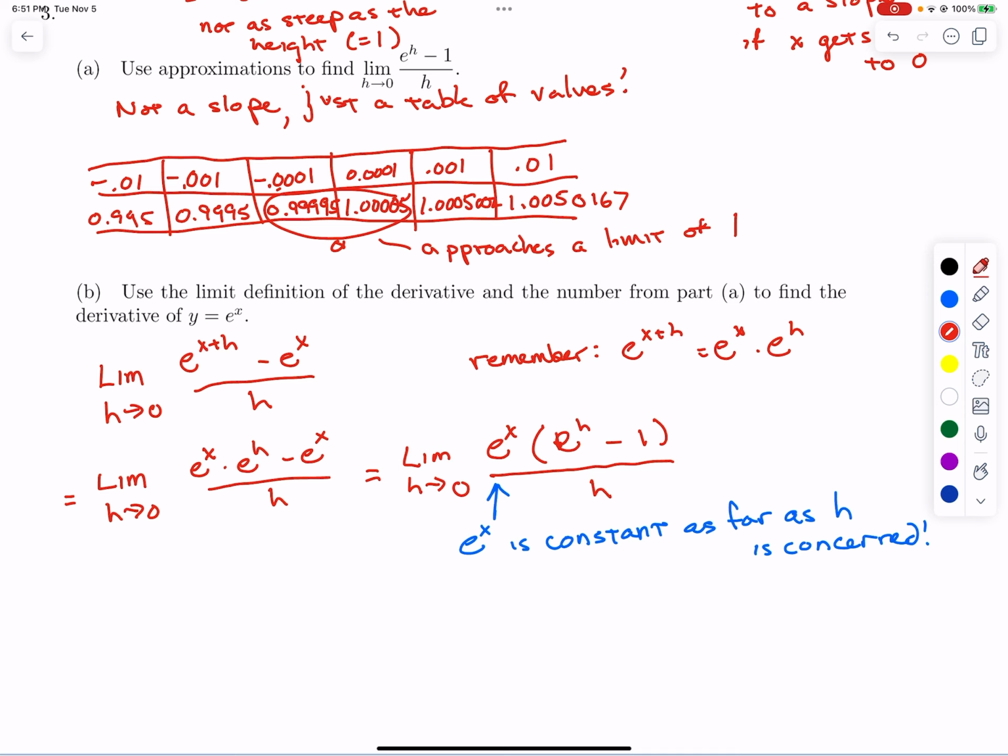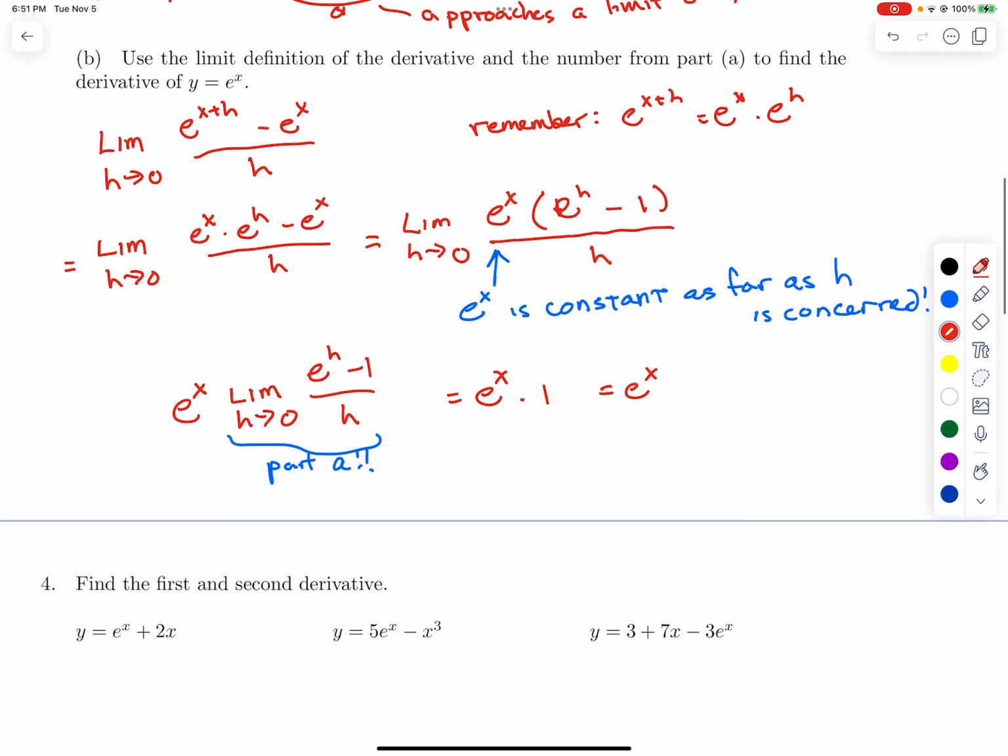So I can actually pull the e to the x outside and look at just the limit of the rest of it. Oh, this is the previous problem. So that's what I was saying, you use the number from part A. So this is e to the x times the number 1 as a limit, which is e to the x.